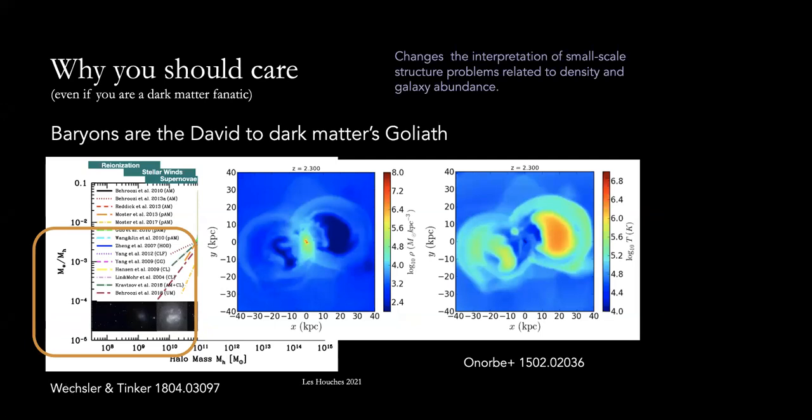You can see this when you look at the blowout of gas from a dark matter halo, here represented in density and here in temperature, that when you have stars forming in these small halos, the stars blow out massive amounts of gas and they tend to entrain dark matter gravitationally with them. So if you really want to understand small scale structure problems, you have to understand how galaxies inhabit halos and then how that small bit of baryon messes up your dark matter distribution.